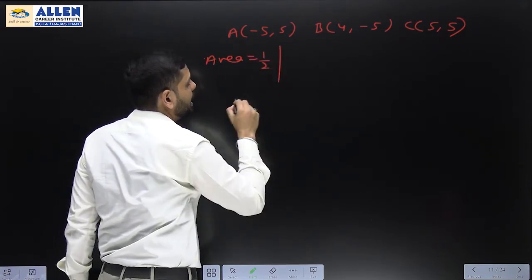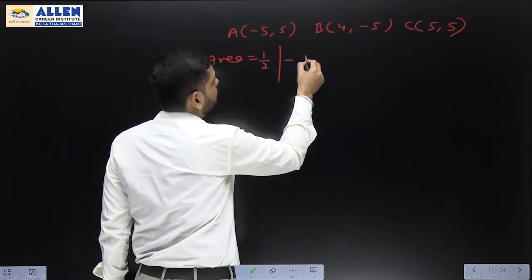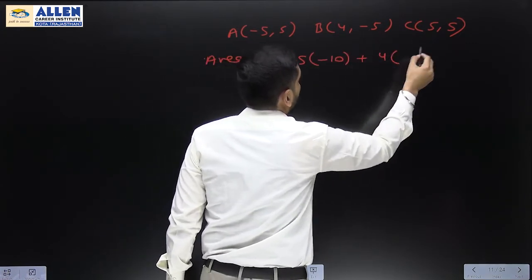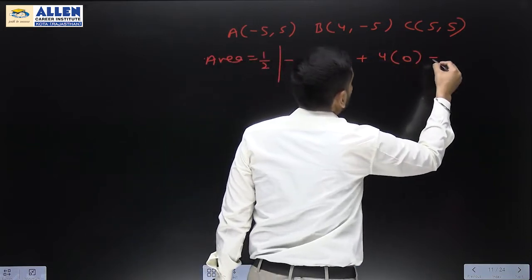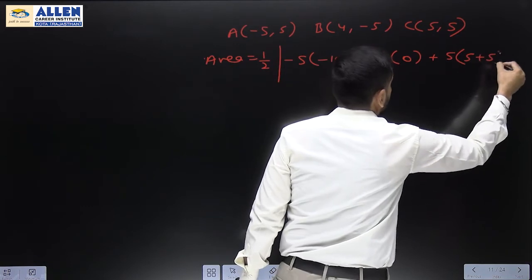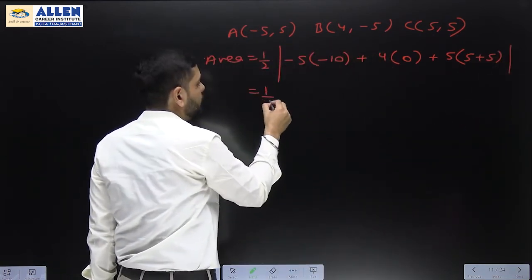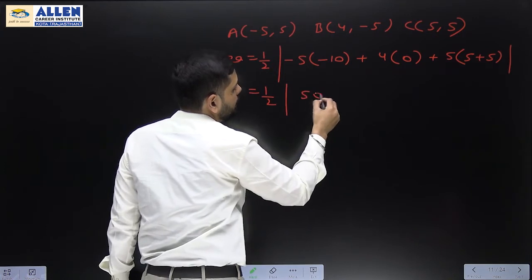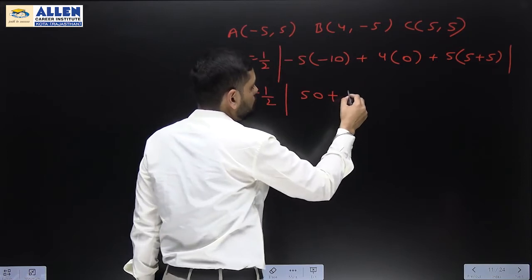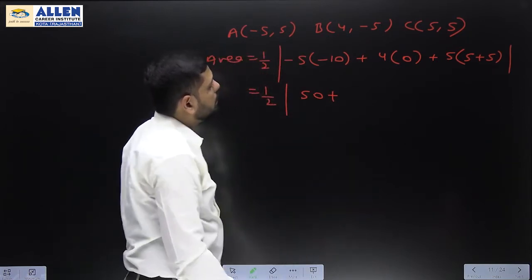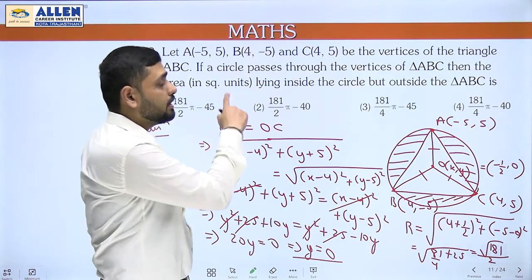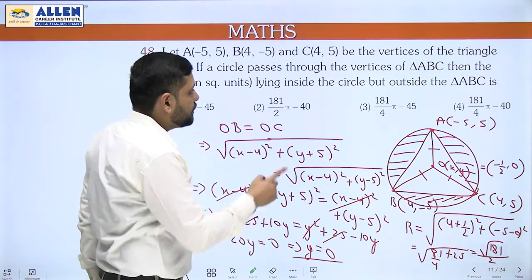So the area of the triangle will be half. Again we'll use the formula: -5 into (-5 - 5), that is -10, plus 4 into (5 - 5), that is 0, plus 5 into (5 - (-5)), that is plus 5. Now we'll simplify it. Here we have taken 5 comma 5, but we need to take 4 comma 5.